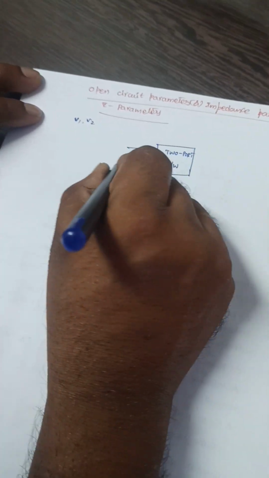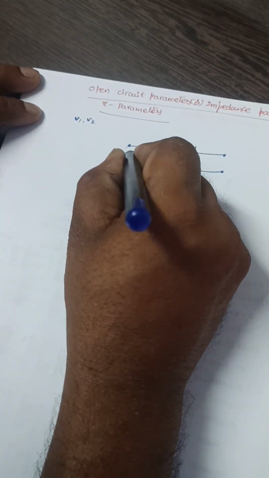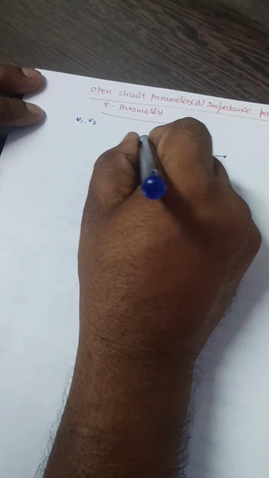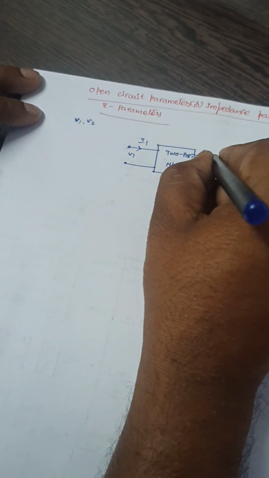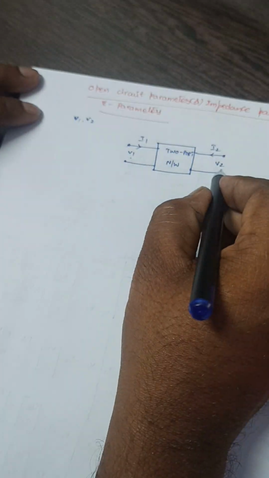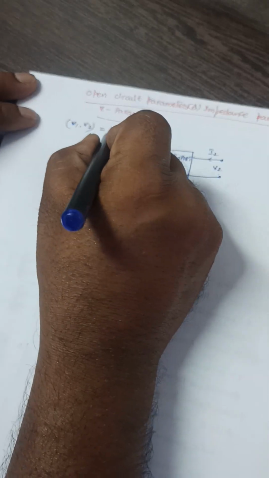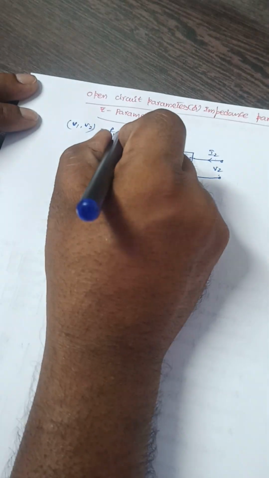The variables are V1, I1, this is V2, this current I2. This V1 and V2 can be expressed in terms of I1 and I2 in case of these open circuit parameters. That means this V1 and V2 are the functions of this I1 and I2.